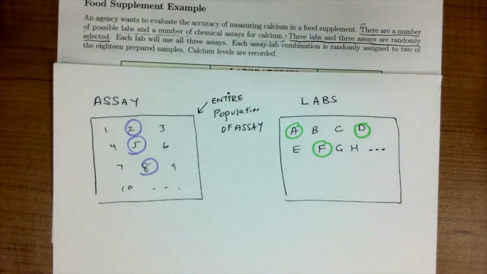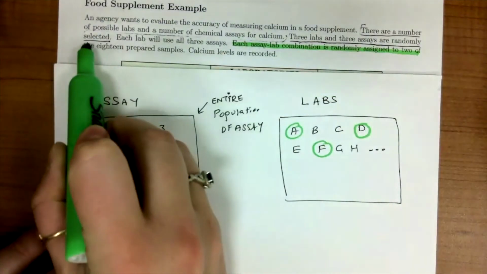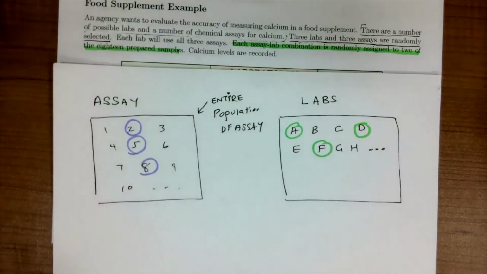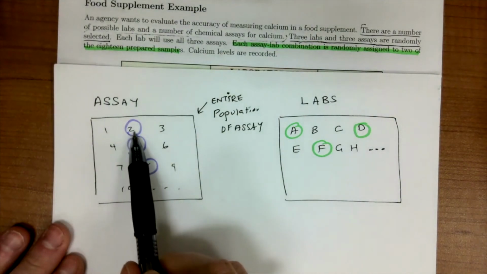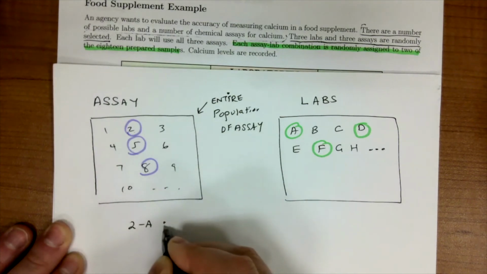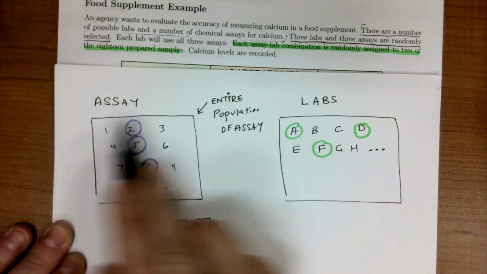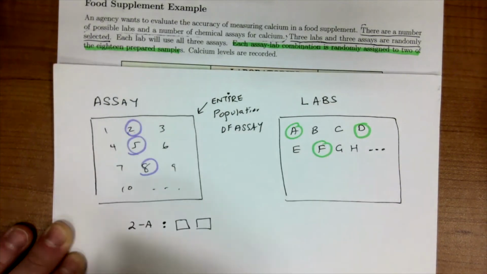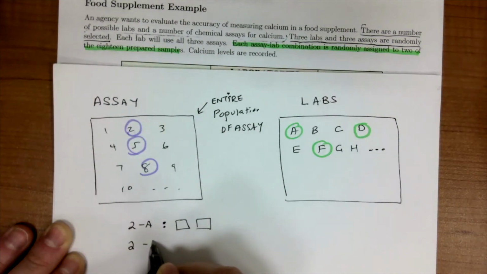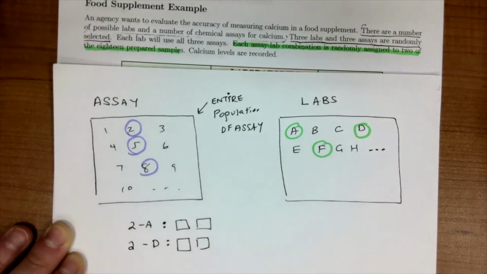This statement right here, each assay lab combination is randomly assigned to 2 of the 18 prepped samples. What this is saying is that now we have different combinations. So we have assay 2, lab A, and we're going to apply that assay lab combo to 2 samples. We also have assay 2 with lab D, and we're going to apply this treatment combination to 2 samples.